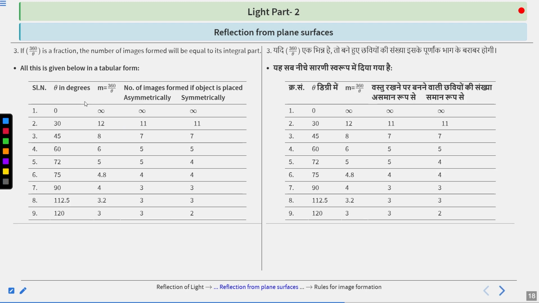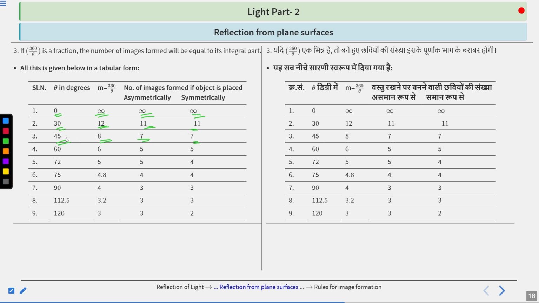Like here you can see. At 0°, infinite, infinite, infinite. 30°, 12, 11, 11. 45°, 8, 7, 7. Number of images formed symmetrically if the object is placed symmetrically.